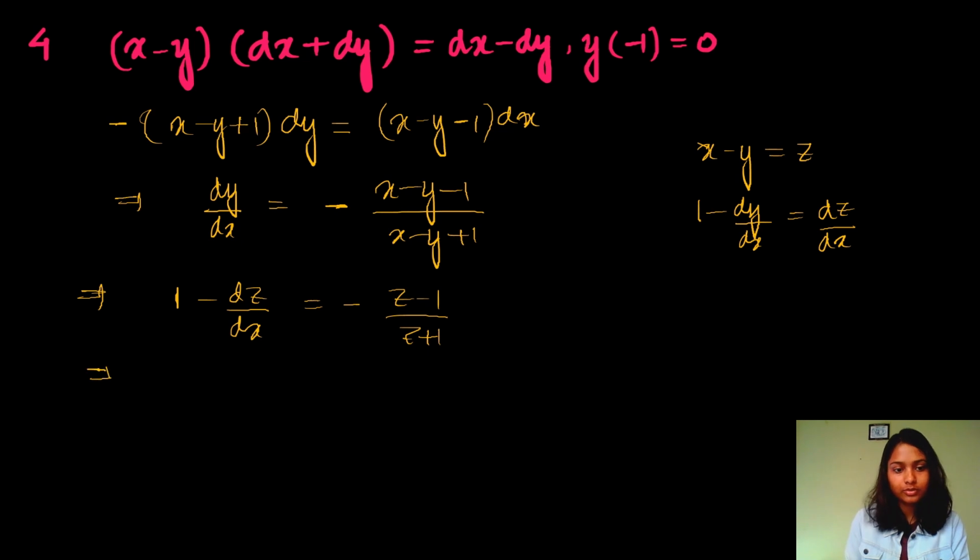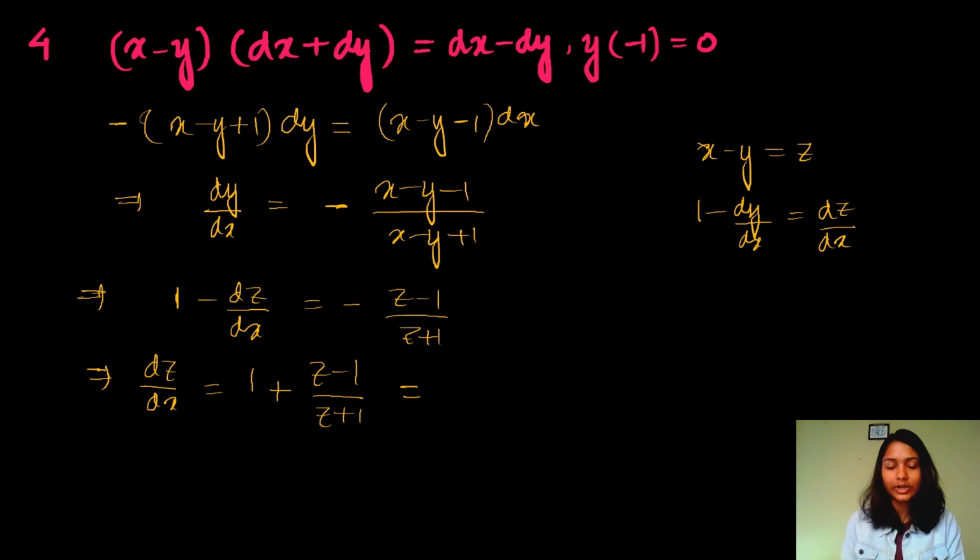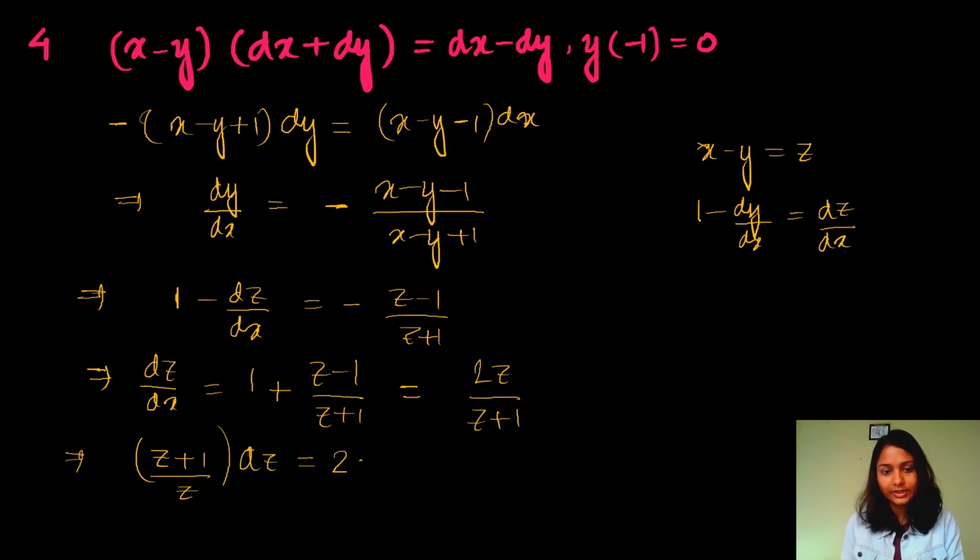So dz dx will become 1 minus (z minus 1) by (z plus 1). If we simplify this one here, it will become 2 by (z plus 1). So if we separate these, we will have (z plus 1) by z dz equals to 2 dx.